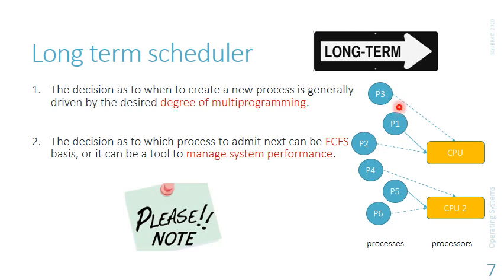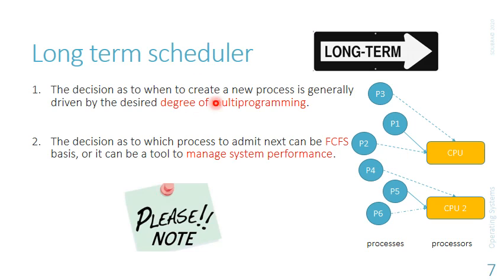So the more processes I have in the ready list, and if I'm using a time slicing scheduling algorithm, this means that I will have less time per process inside the CPU, because I need to distribute the total time over the processes present in the ready list. The more processes I have in the ready list, the less time each process is given for the use of the CPU.